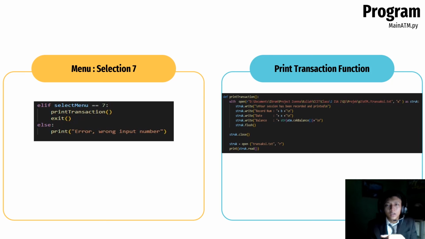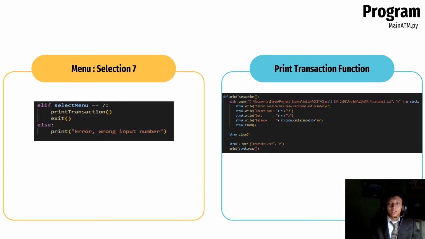First is the print transaction function. This function contains a program that will create a transaction.txt file, where the file will contain a record number using variable b that was described before. So the variable b here will call a random number between 100,000 and 1 million to display the record number.